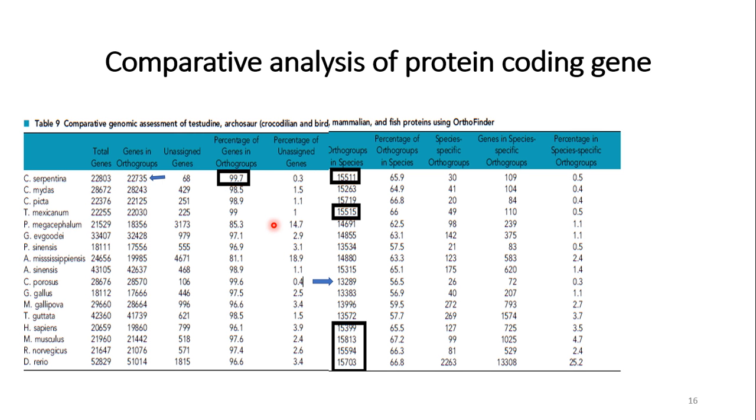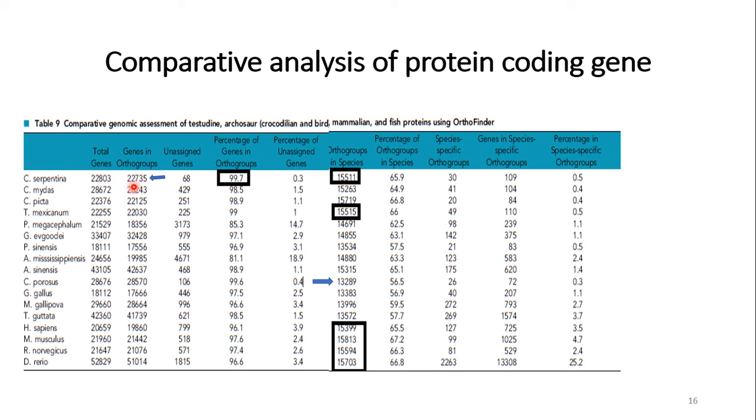So, comparative analysis of protein coding genes. The vast majority of the protein coding genes in snapping turtles are genes in orthogroups.